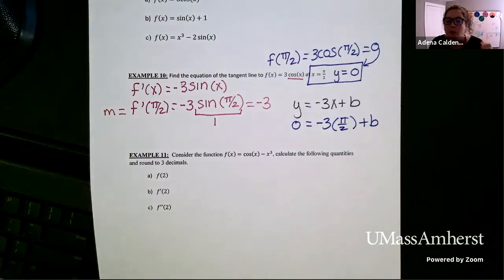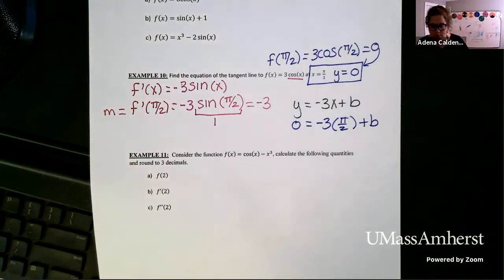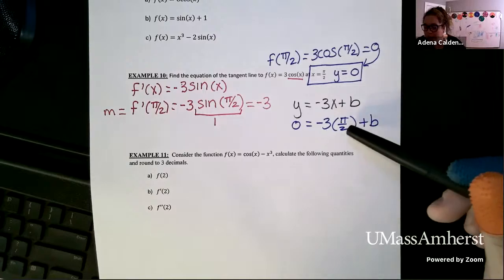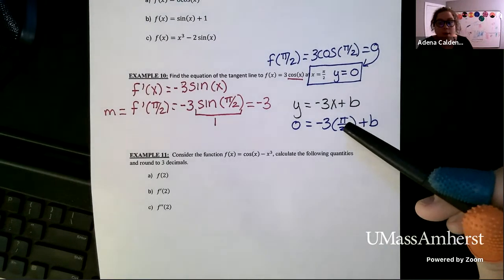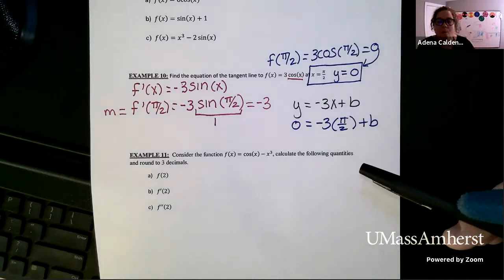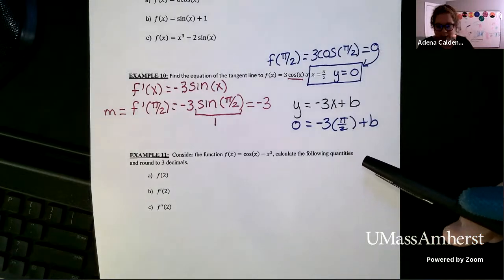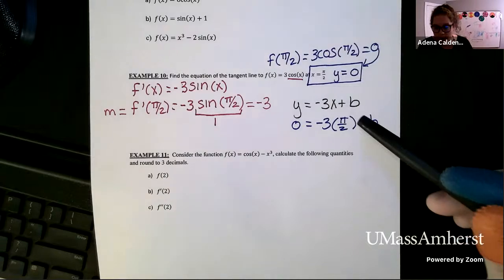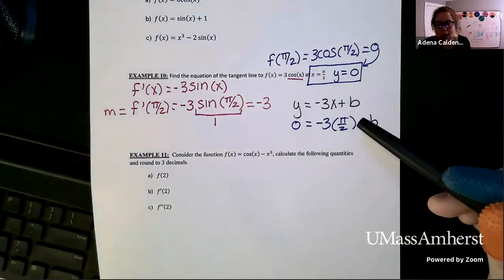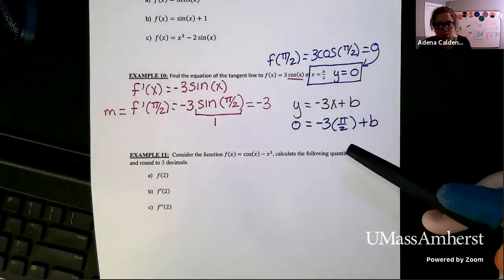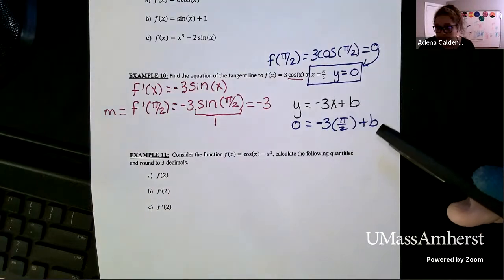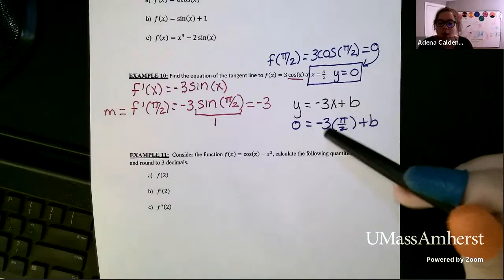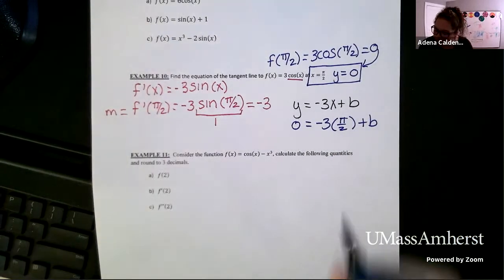And so we do not want to convert it to a decimal, because if you change pi into a decimal, you turn it from an exact number into an approximation. And we always want to keep an exact number unless we are told otherwise. So if you have an e or a pi, you never want to turn that into a decimal unless the problem says, like, plug this in and round to 2 decimal places or something like that. Otherwise, you need to leave that as pi.